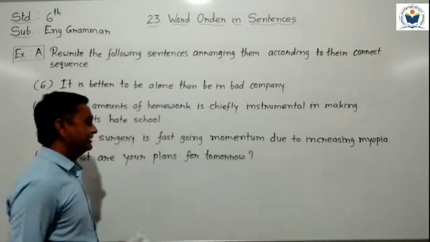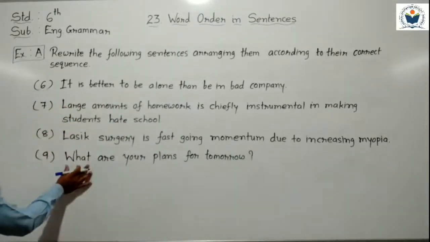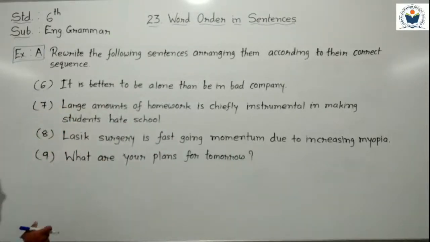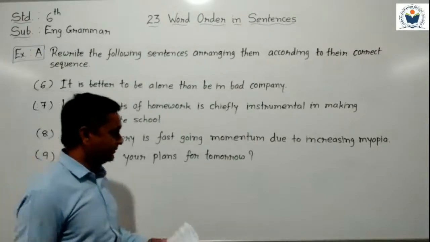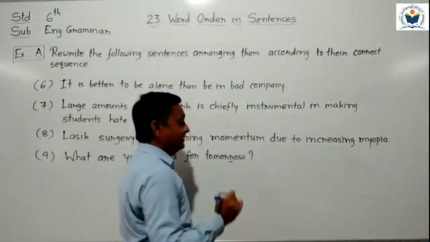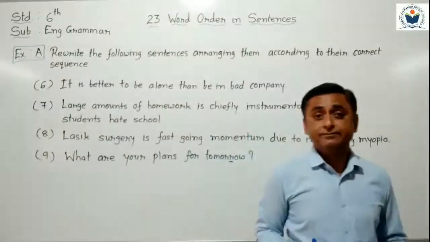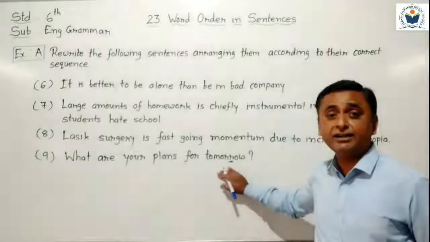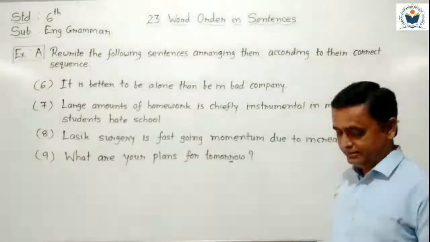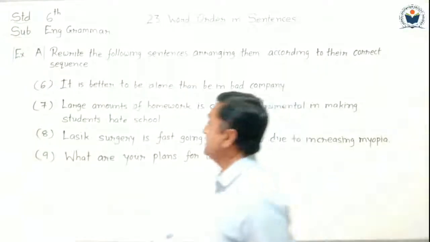Question mark sign, because it started with a question word, so we have to put a question mark here. What are your plans for tomorrow? I put the adverb of time, tomorrow, at last. Understand?